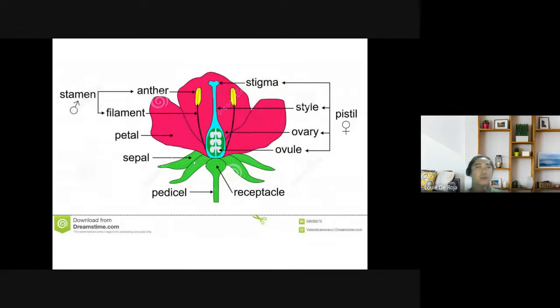Okay. So yung stamen po, it is composed of anther and filament. Yung ating pistil, which is the female reproductive part, is composed of stigma, style, ovary, and ovule.